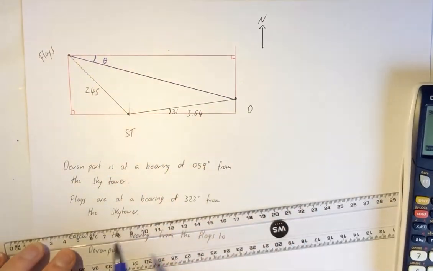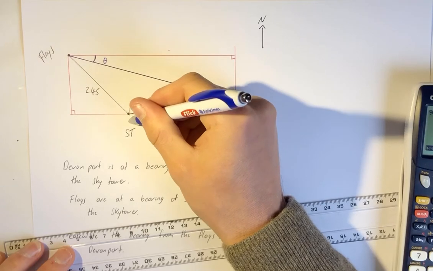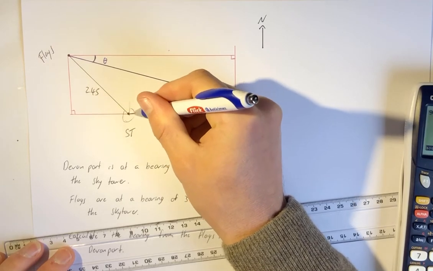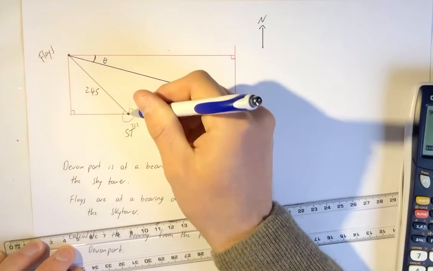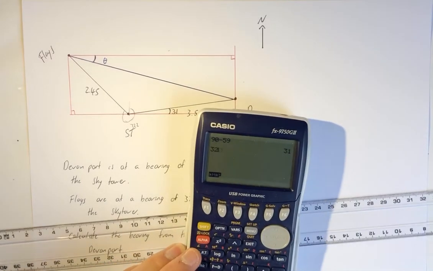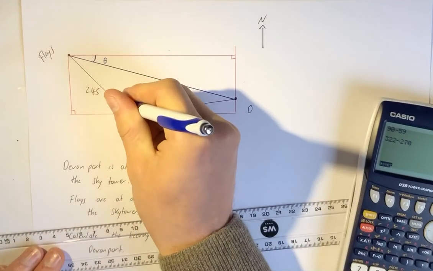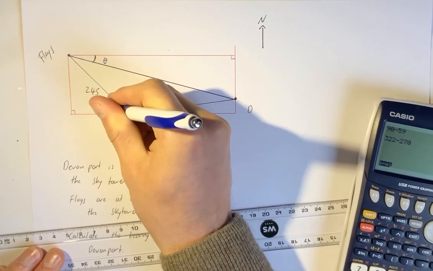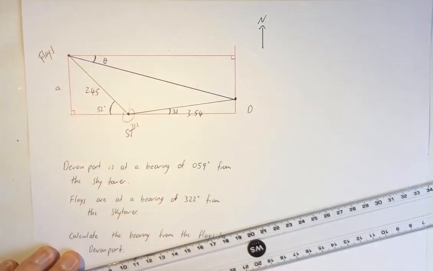And I know that the flags are at a bearing of 322 from the Sky Tower. So if I went all the way around like that, that would be 322. Going all the way around to that line is 270, so 322 minus 270 is 52. So we now know that is 52 degrees.